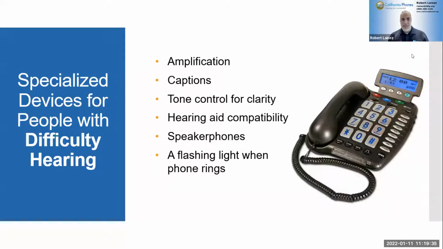So if you wanted to have your lamps flash when your phones ring, we have those available. So there's a slew of different accessories that we have available. And towards the end, I'm going to go over our website and I will guide you through how you can see all the different devices that we have available.